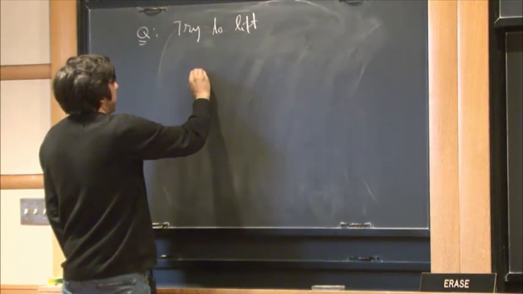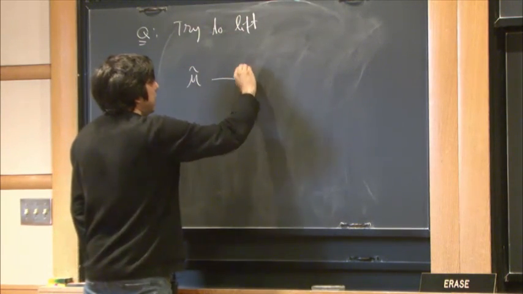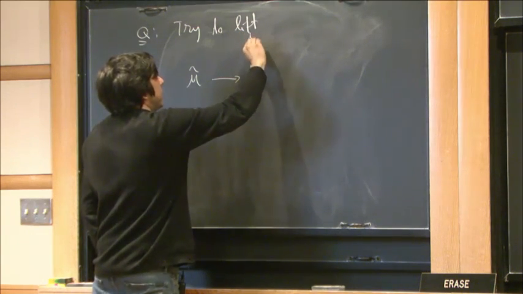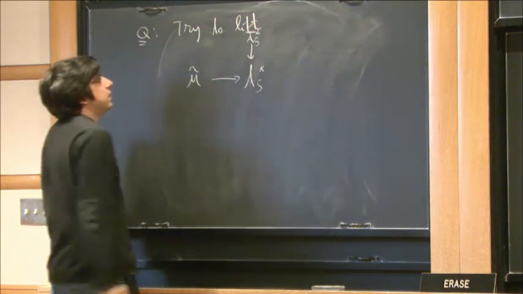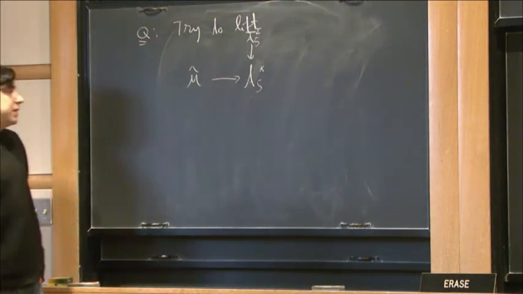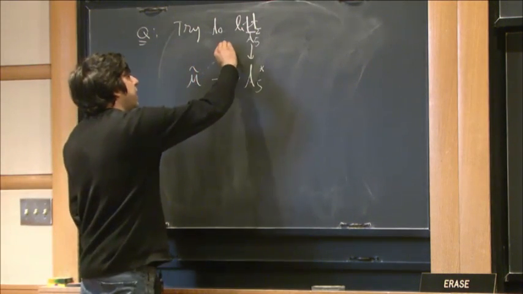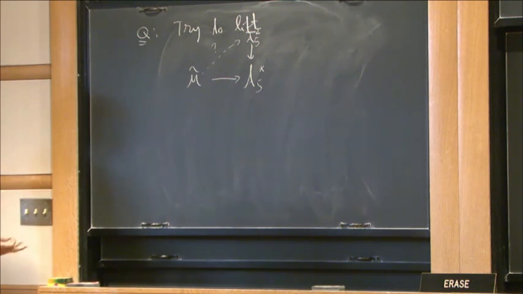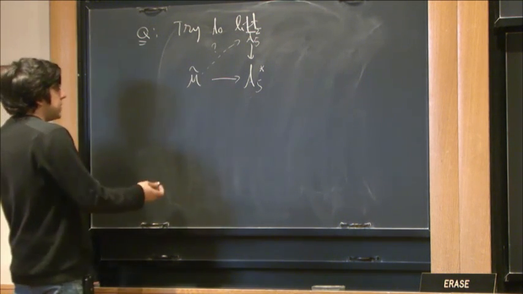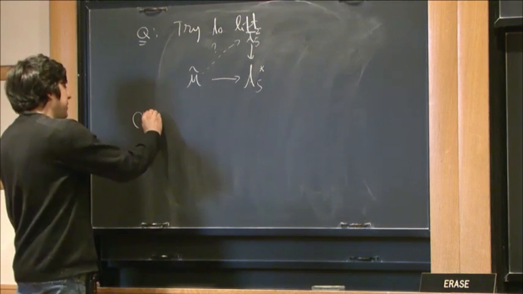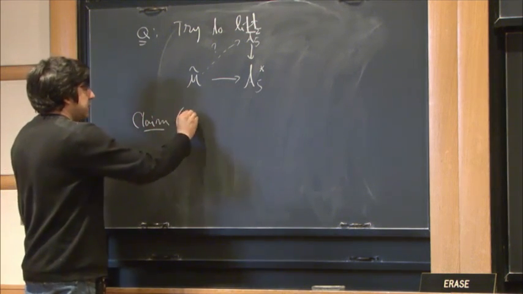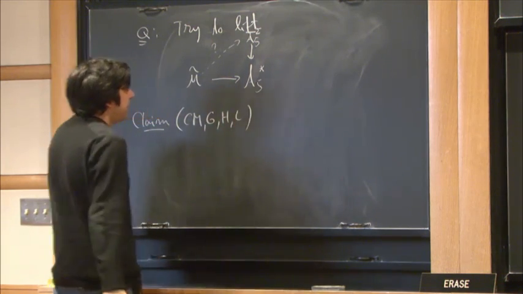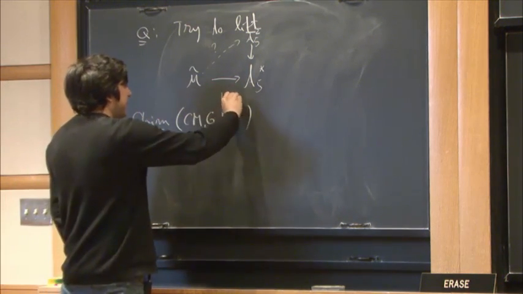So you have M tilde mapping to A5 star. All the toroidal compactifications dominate the Satake-Baily-Borel, and you try to say, do I have an extension here? And this is what I will talk about today. So the claim, this is Casalaina-Martin, Grushevsky, Hulek, and myself, which is 14 plus.